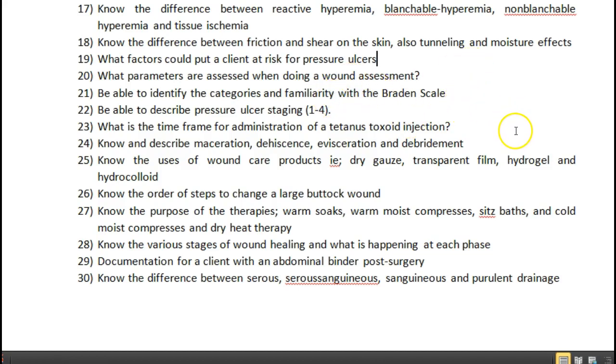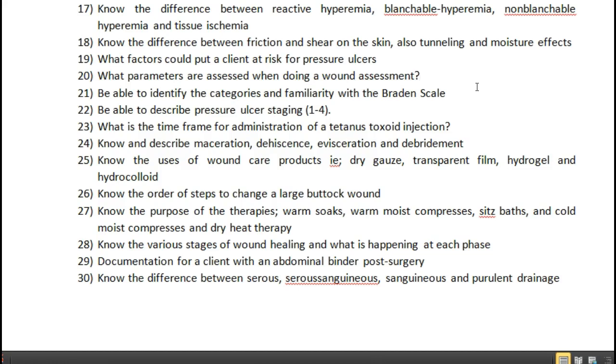When you do a wound assessment, I'm going to take 20, 21, and 22 all together as far as the wound assessment. You know that you do staging, from 1 through 4. Stage 1 is intact skin, but it's non-blanchable in one localized area.